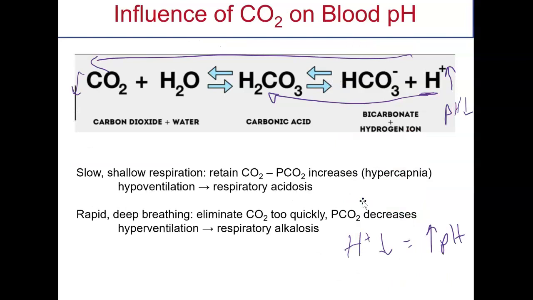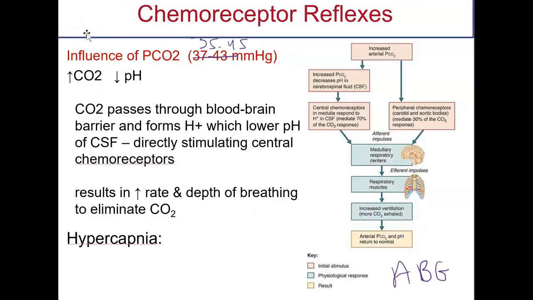That was this equation we looked at. Well, what happens is that the CO2 is actually able to go through the blood-brain barrier. So remember, you had that blood-brain barrier. It was a layer of astrocytes that protected your brain, and not a lot of stuff gets through. Well, CO2 does.